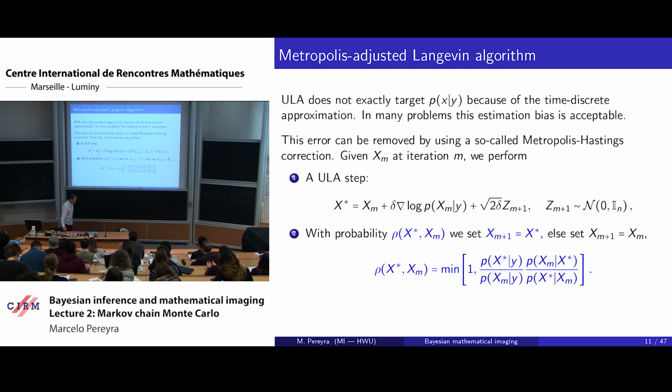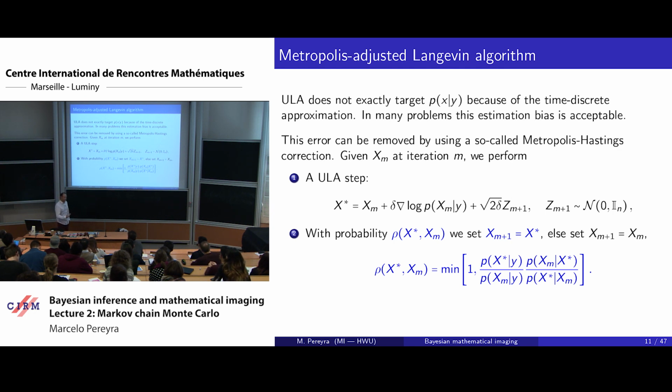So it turns out that you can take pretty much any way of dancing across space, and if you add that extra step, this changes your stationary distribution from the original stationary distribution to exactly P of x given y.